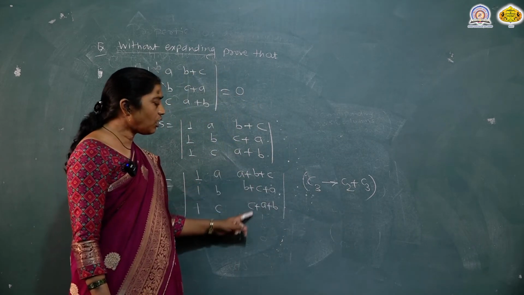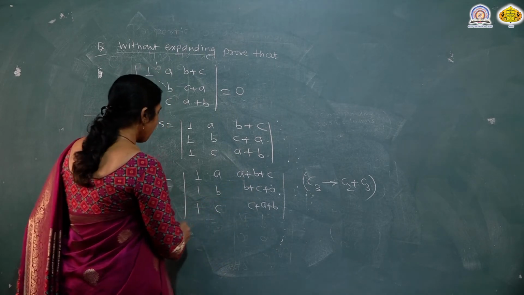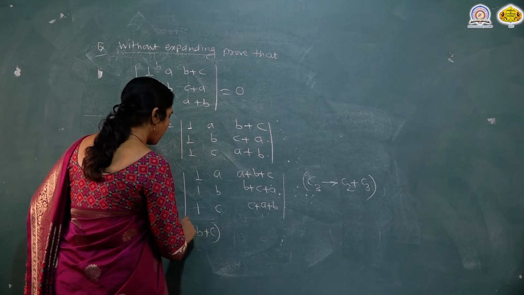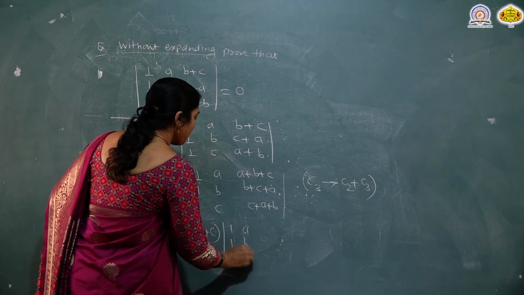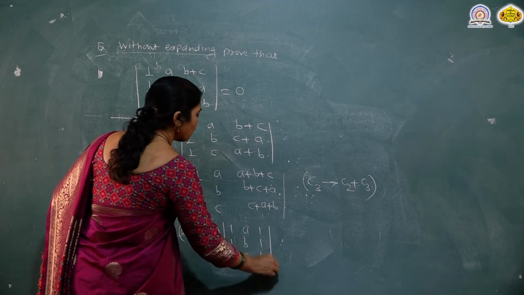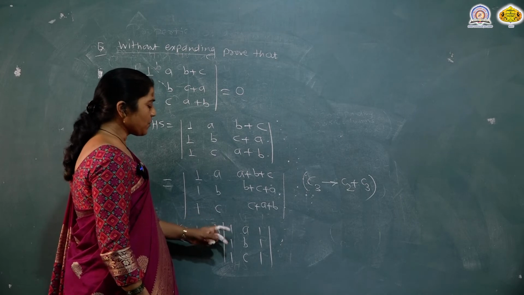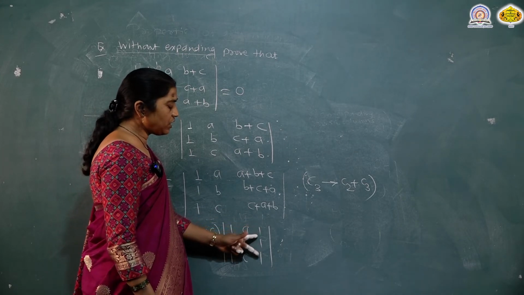Now observe that from the third column, we are able to take A plus B plus C common. So I will take A plus B plus C common from the third column. It becomes 1, 1, 1, A, B, C, and this becomes 1, 1, 1, because A plus B plus C is everywhere. Now two columns are the same, C1 and C3.